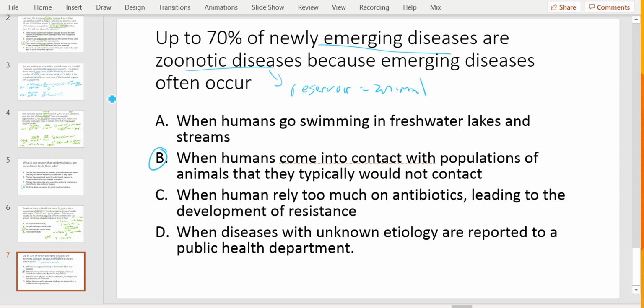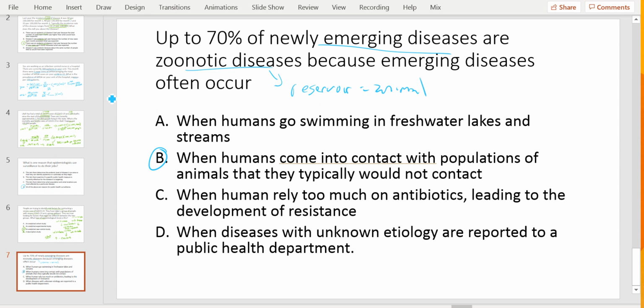So this is when we are expanding into unknown areas. We are cutting down forests and expanding there. We're coming into contact with animals. If we are bringing animals into our locations, like the wet markets in China, we are taking animals from the wild and bringing them into contact with new people. Climate change is also doing this because it is allowing animals or, say, insect vectors to live in new areas where they wouldn't have been able to live before.